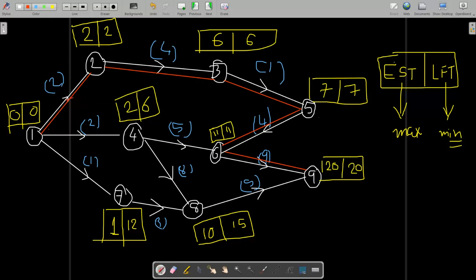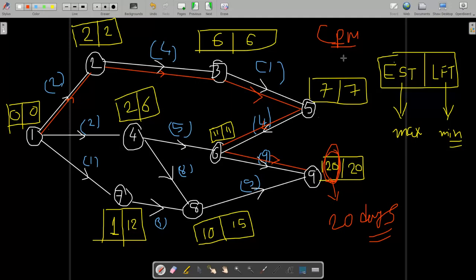Okay, now the activity duration. The total project duration is the last day at which the activity is completed, that is here 20. So 20 days is our duration. Hope you guys understand. And this is one time estimation. That means it is the critical path method, because here the exact time is given.